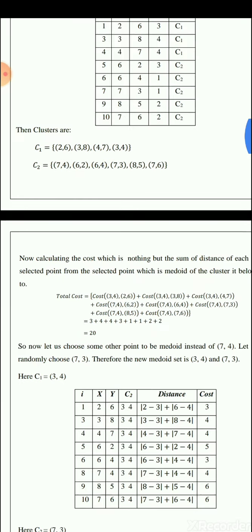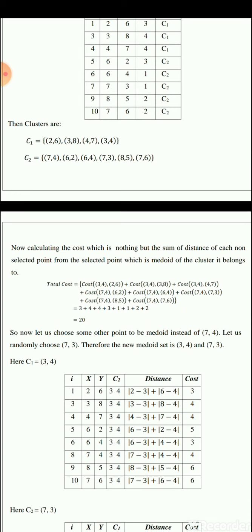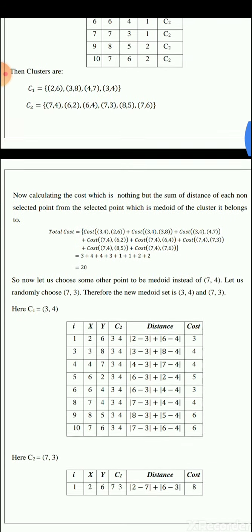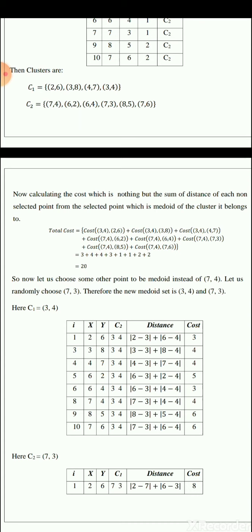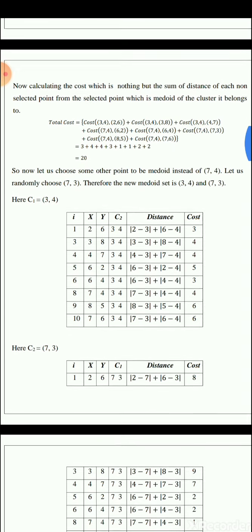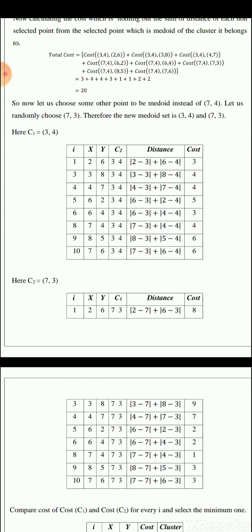Now let us choose some other point as the medoid instead of 7,4. Let us randomly choose 7,3. Therefore, the new medoid set is 3,4 and 7,3. Now C1 is 3,4, and you calculate the cost like this. Then for C2 you take 7,3, and you calculate using the Manhattan distance for each row.